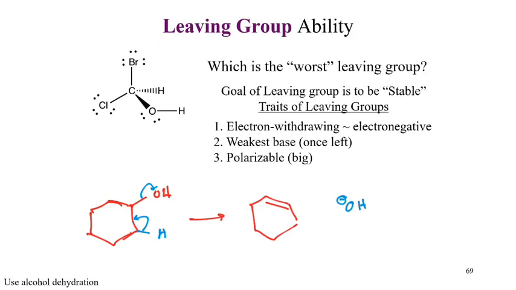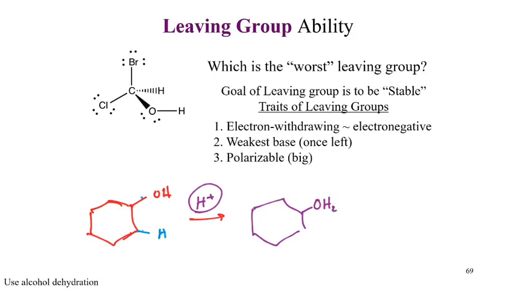Okay? To decide, look to that other reagent. Almost always this reaction includes H+. Okay? Why would it include H+? Well, hydroxide is such a bad leaving group that the very first thing we do is not perform the elimination, but we instead perform the acid-base reaction to turn the hydroxide into water.